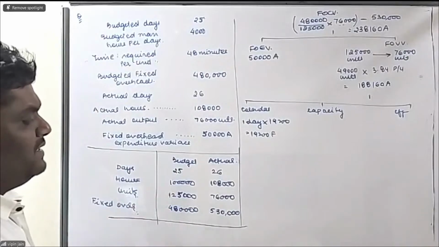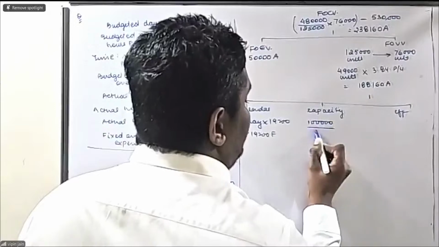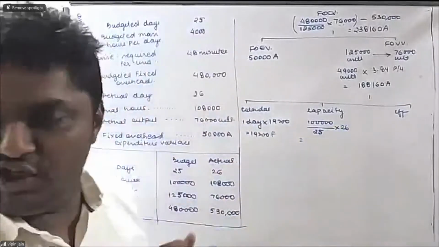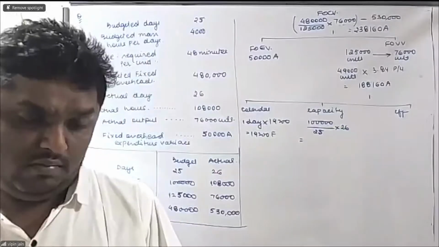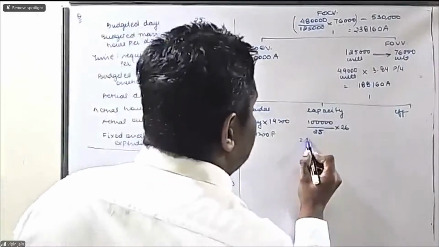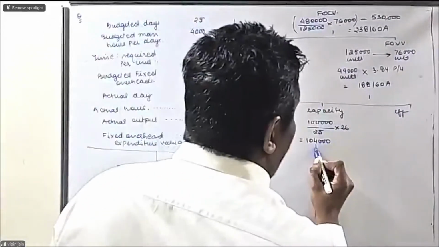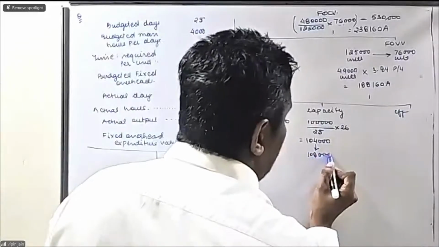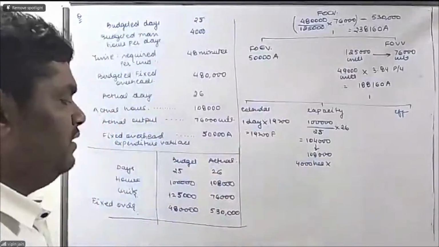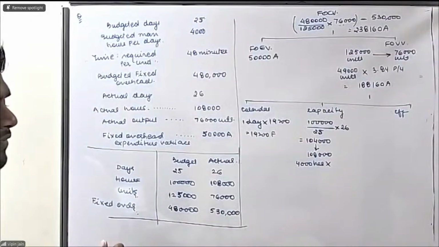When talking about capacity, again, we have the capacity to work for 1 lakh hours in 25 days. So in 26 days, our capacity was how much? 1,04,000 hours. But we worked for how much? 1,08,000 hours. How many hours extra? 4,000 hours extra we worked, into the rate per hour, that is 4,80,000 divided by 1 lakh.